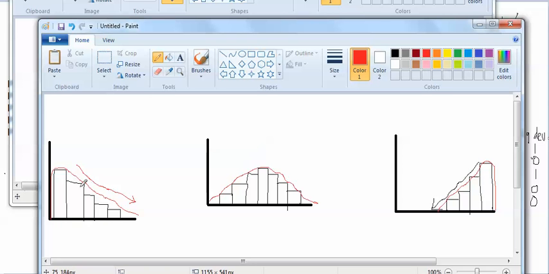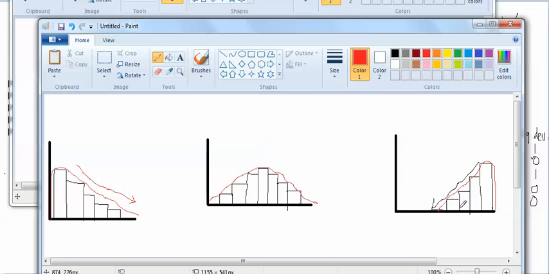If it's skewed to the right or positively skewed, it means that most people have values at the low end and fewer people have higher values. If a test is difficult, most students will get lower grades and fewer students will get the higher grades up here. So the exam scores on difficult tests are skewed to the right.